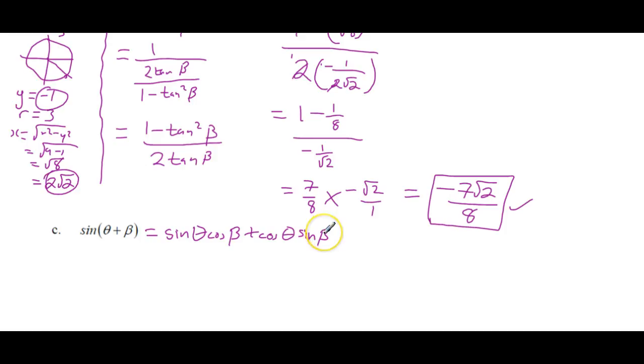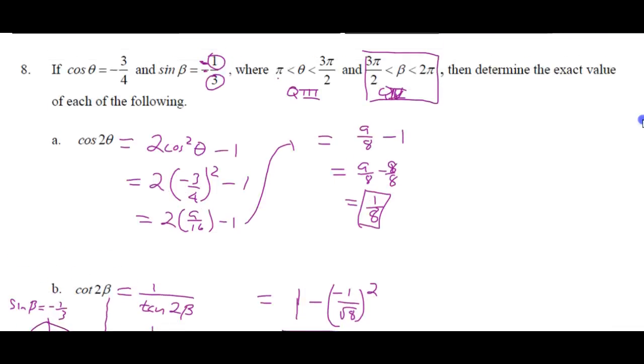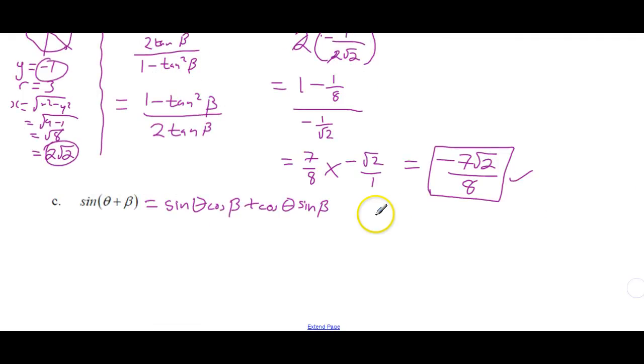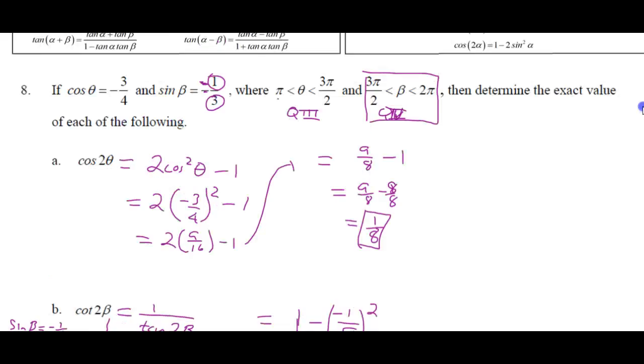Okay, we don't know the sine of theta, so we're going to have to work these out. What do we know? We know the cos of theta, and we know the sine of beta.